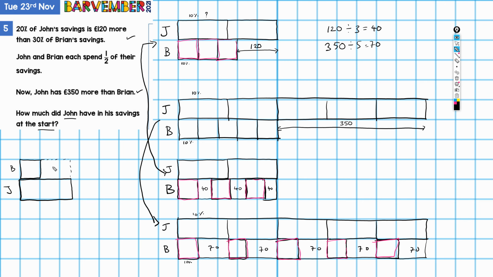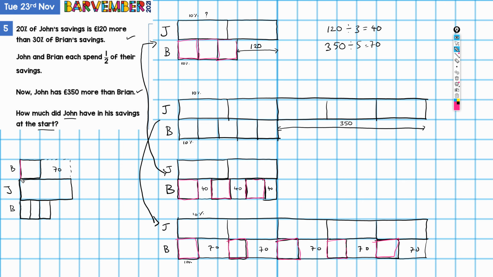Okay, plus 70. And we also know that it's equal to 1.5 units. Because I've split up this middle bit here, it's equal to 1.5 units of Brian's.